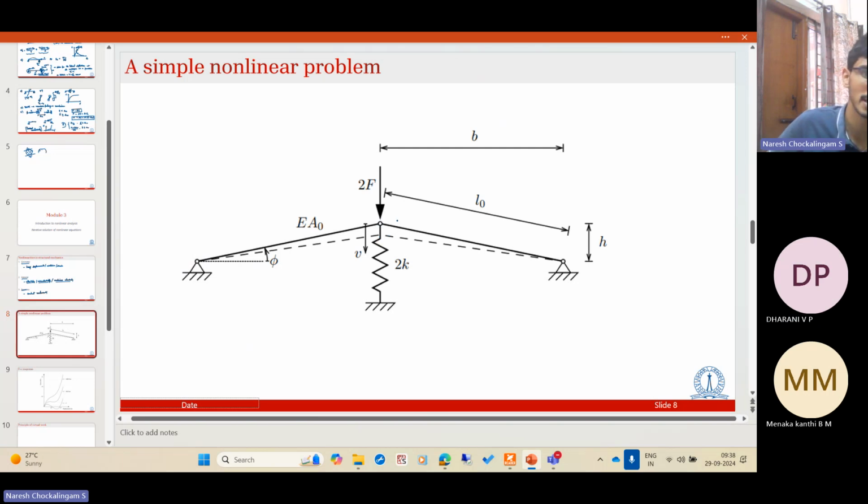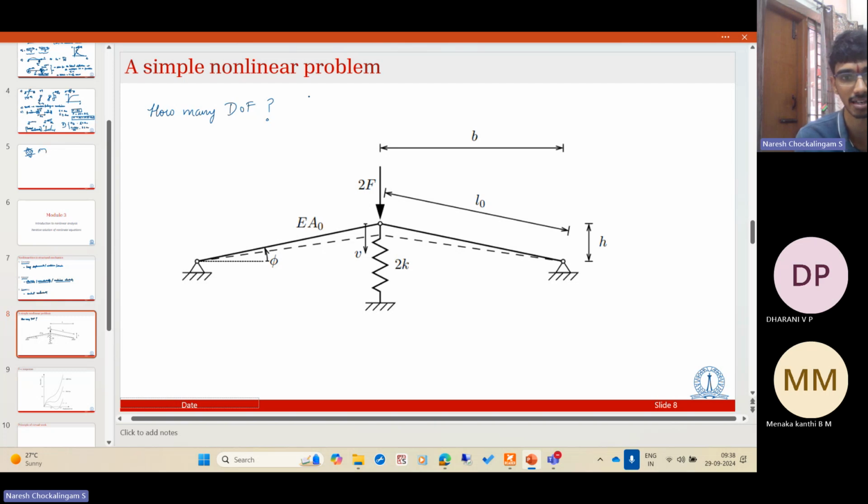So how many degrees of freedom does this structure have? How many free degrees of freedom are there? As I said in the beginning of our workshop, degrees of freedom is the number of independent variables you have to specify to completely know the configuration of this system.